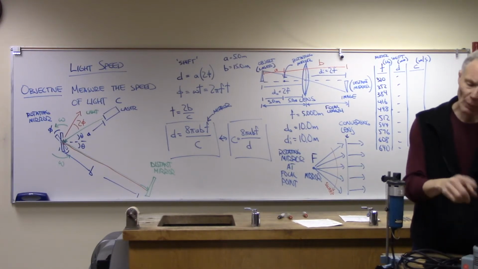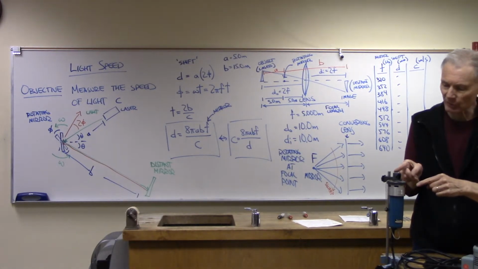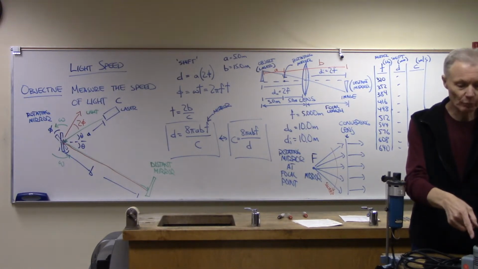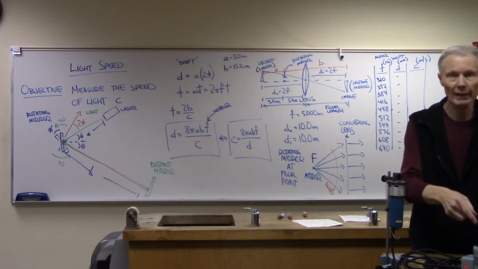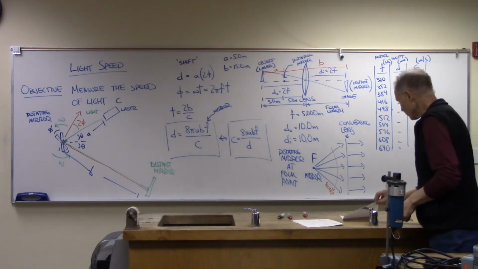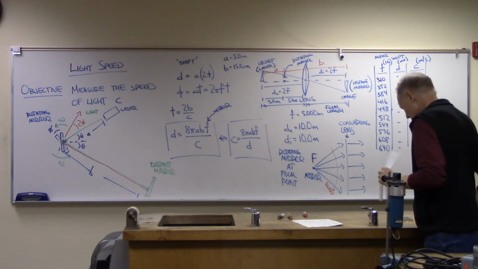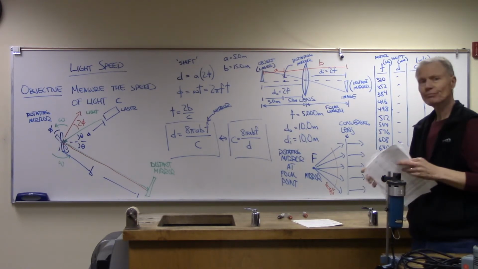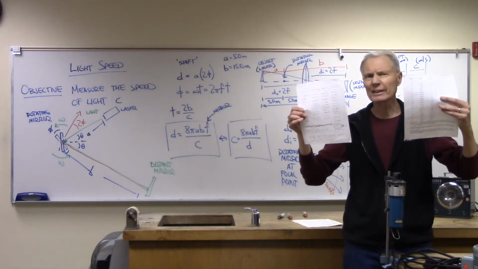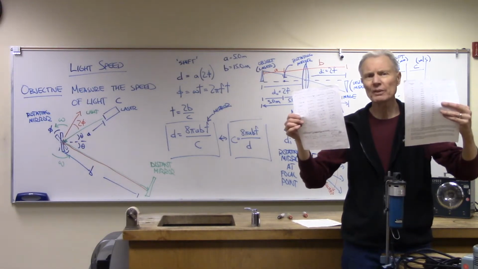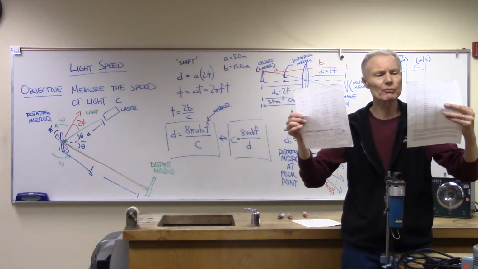Now, how do I know how fast the motor is spinning, based on what the voltage is going to be from the voltage supply? And it turns out that I was able to carry out a calibration. So I'll put these in the notes on Canvas for this.